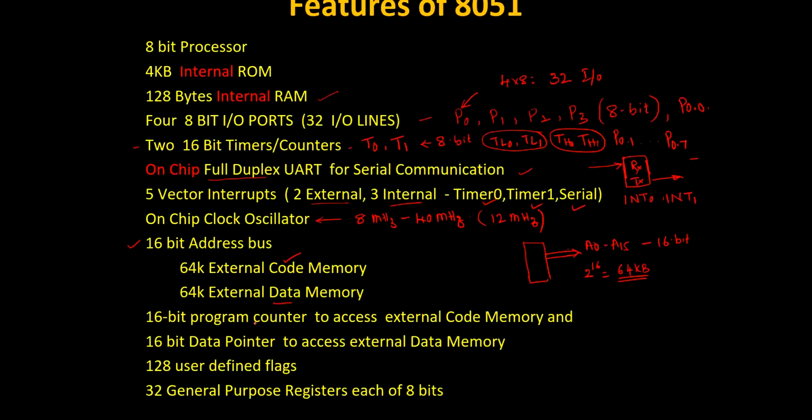So totally we have 64 KB external code memory and 64 KB external data memory. So it is separate memory. It has separate data lines as well as address lines to access the code as well as the data. So that's what we call the Harvard architecture.